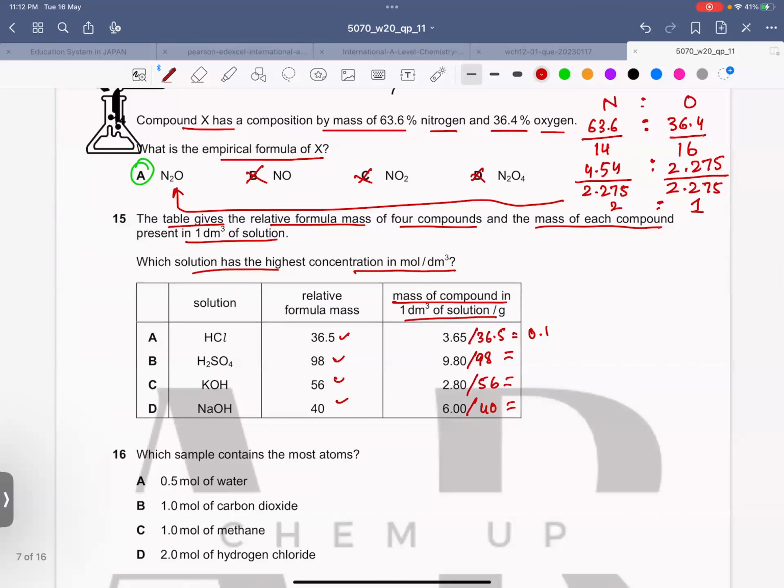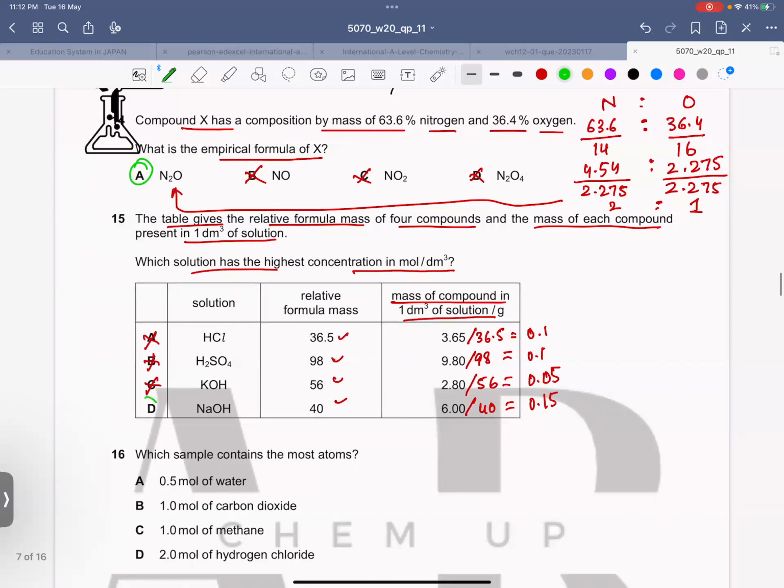For the third one, 0.05. And for the fourth one, it's 0.15. So A, B, and C go wrong, and D is my correct answer. Is this understandable? Yes, Sir.